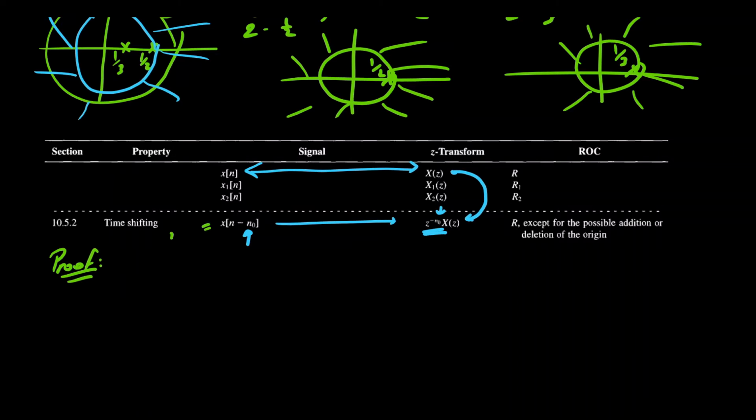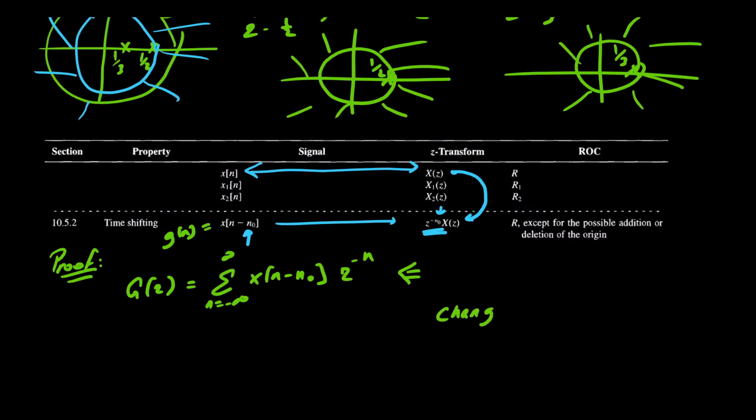So say this is our g of n, and we are interested in finding the Z transform of it. G of z is simply a summation of g of n, that is x of n minus n naught, times z to the minus n. So right now this is not in a standard Z transform structure, so we can make use of the change in variable approach, such that the argument of x is converted to a single variable.